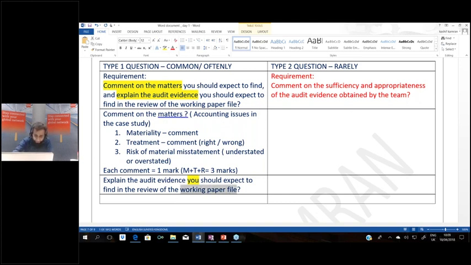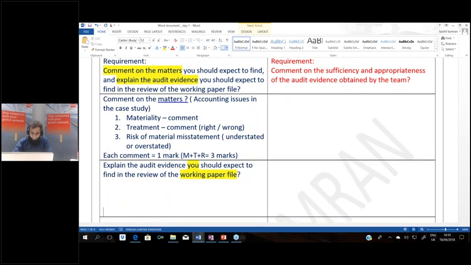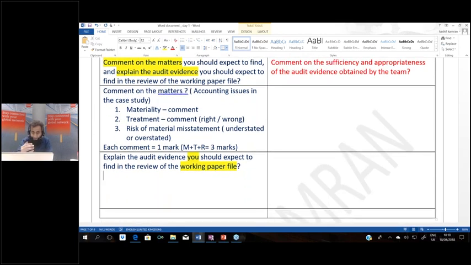Where is the evidence? The evidence is in the file. Now, what is in the file? The file contains papers. I normally tell students that when you're attempting a question like this in the exam hall, assume you have a file in front of you, the box file.